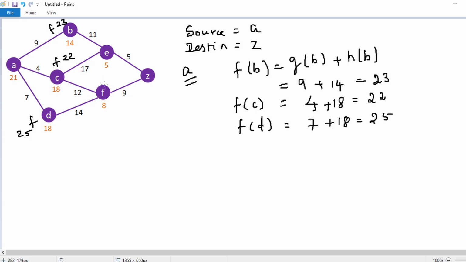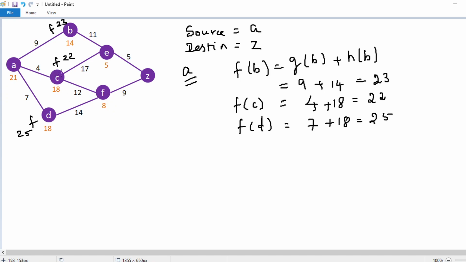As of now, it is saying 22. But when I expand, sometimes the next coming node might be just behind this C. Who knows? Here E is on the right side of C, which is towards Z. But if E were present elsewhere, we might not have a good straight line path from E to Z. In this case it is next to C. So if you take the shortest route, it does not guarantee that you are going to get the optimal path passing through C, because of the heuristic.